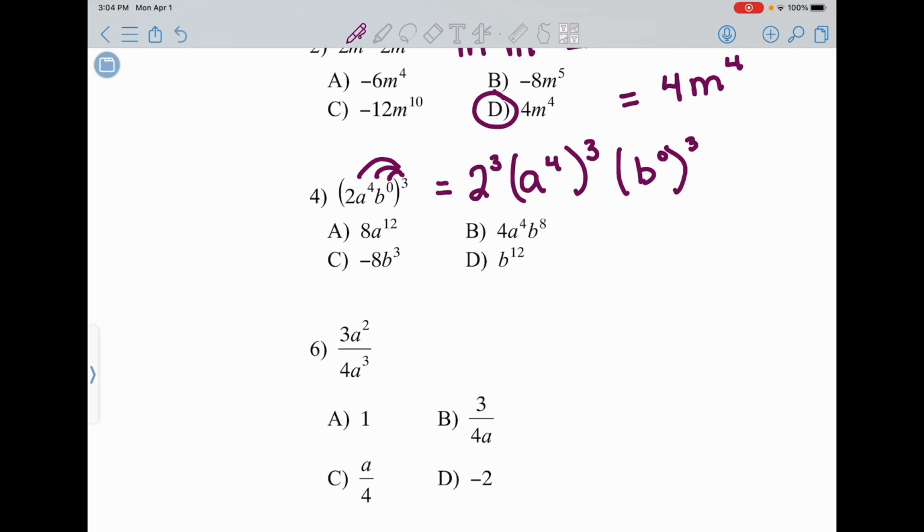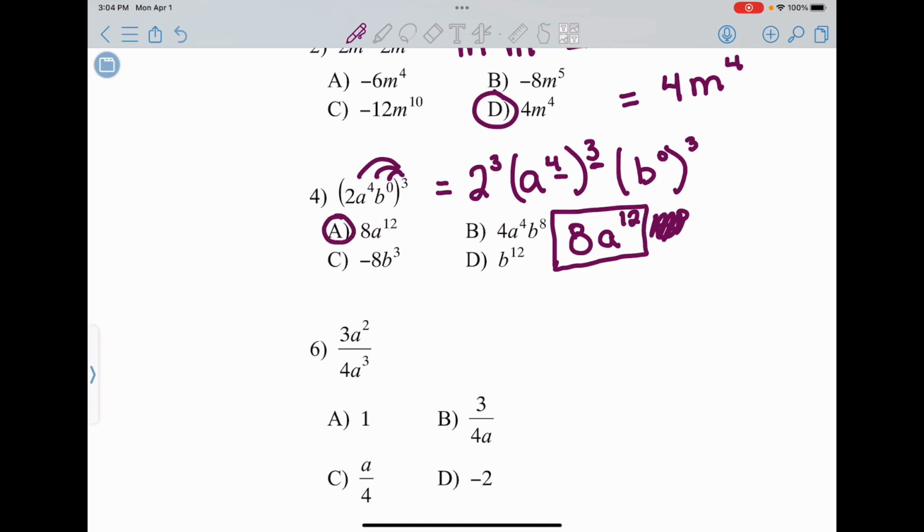Notice how everything gets the exponent. 2 to the power of 3 means 2 times 2 times 2, which is 8. And when we raise a power to a power, we multiply them together. So 4 times 3 is 12, and 0 times 3 is just 0. And remember, anything to the 0th power is just 1, so I can remove that b to the power of 0, and I'll be left with 8a to the power of 12, which is A.